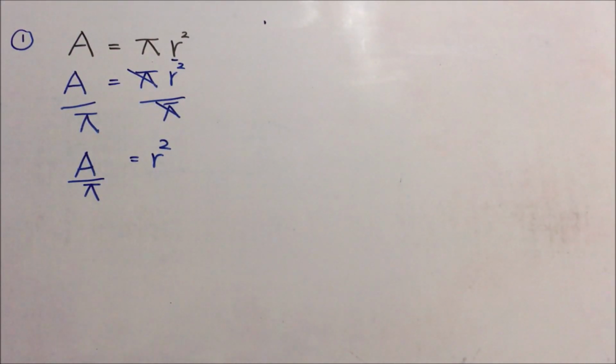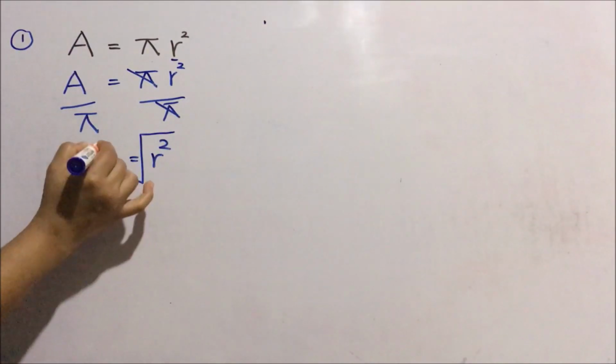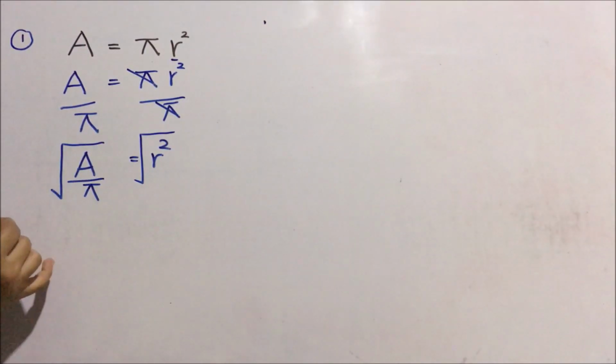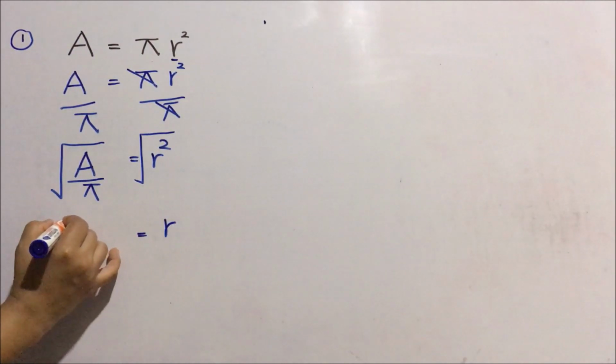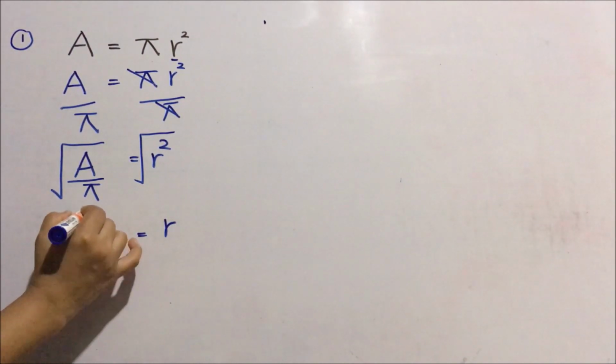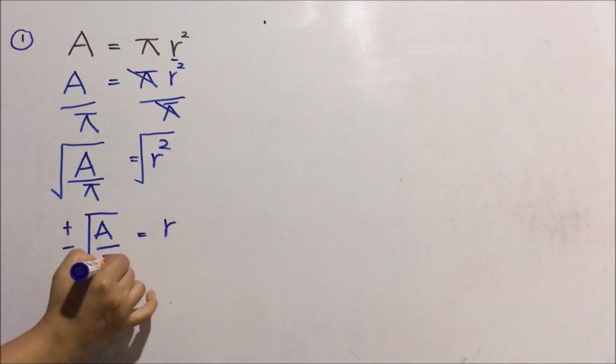But we need just r, not r squared. For that we have to take the square root of both sides. Then r equals plus or minus the square root of A divided by 5.